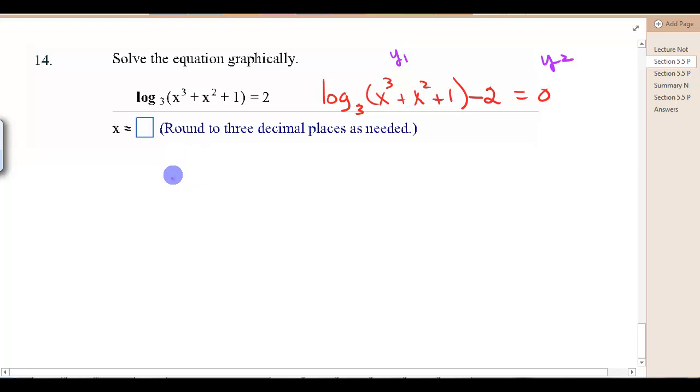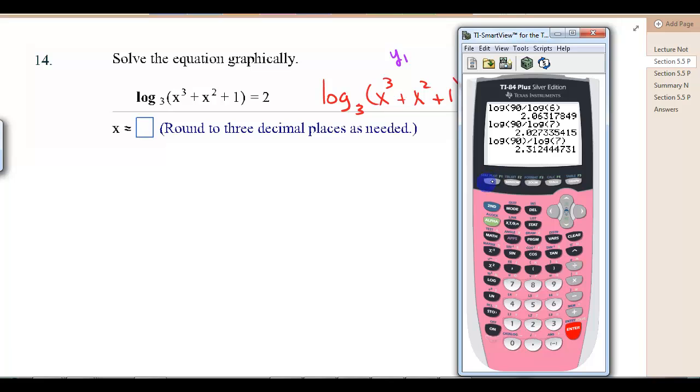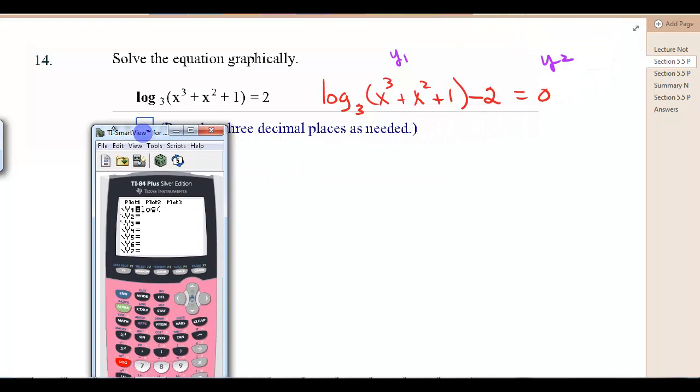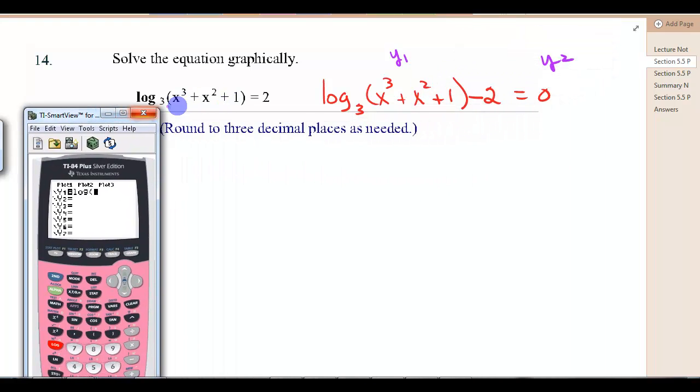So here we go. Let's go ahead and do it here. All right, so in y1, I'm going to have log of the argument divided by the log of the base. Okay, so I actually am doing that part first.